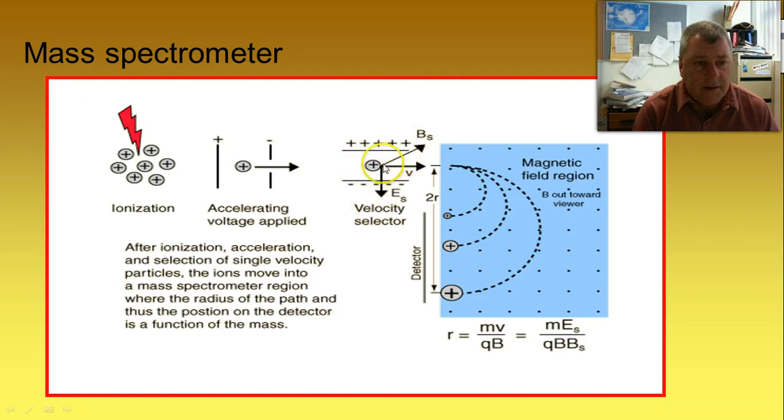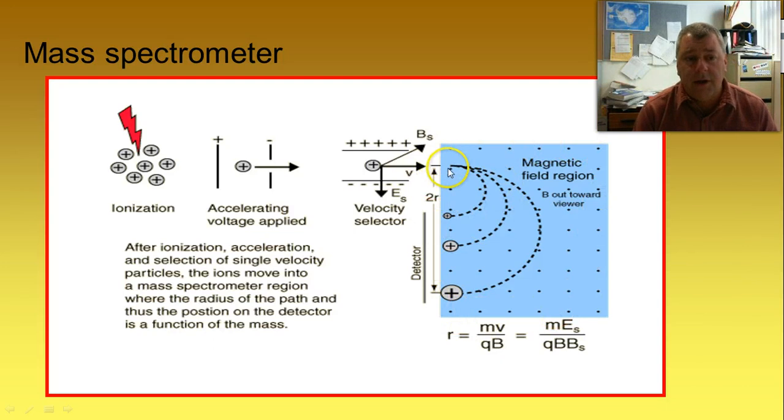So we've got a magnetic field into the page, an electric field down the page, and so they shoot out here, and all these ions will have the same velocity, and then they enter a second region. So it gets a little bit confusing. A second region where there's only a magnetic field.